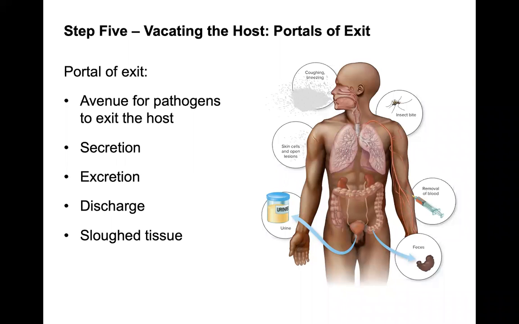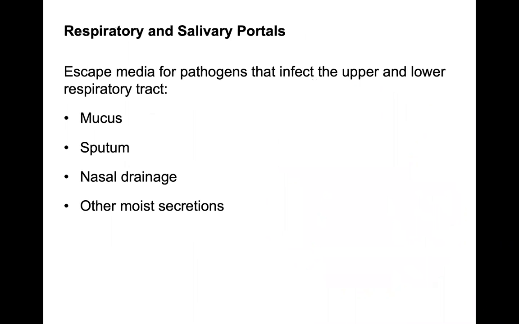So now once you've gotten in, you have adhered to the host surfaces, you've evaded host defenses, and you've caused damage. With those four steps, step five is vacating the host by portals of exit. The portals of exit for pathogens to exit the host would be secretion, excretion, discharge, or slough tissues.